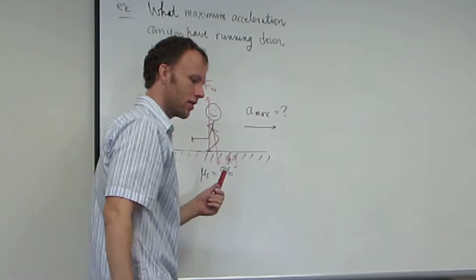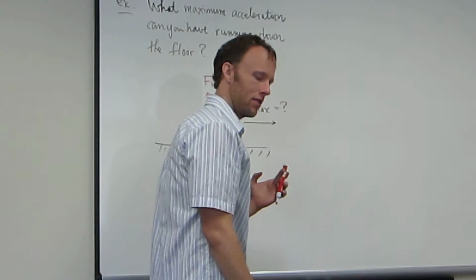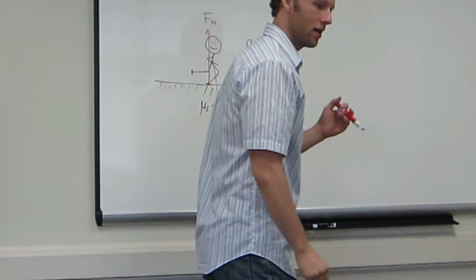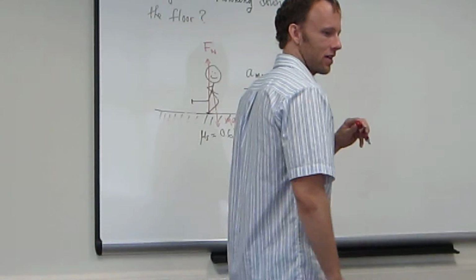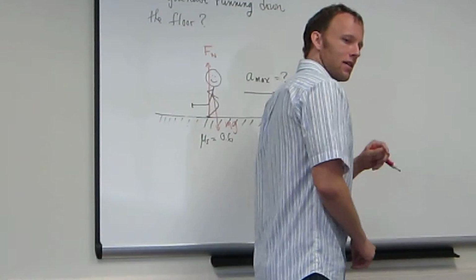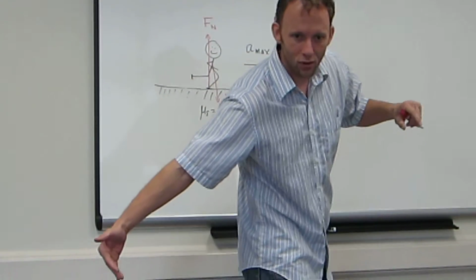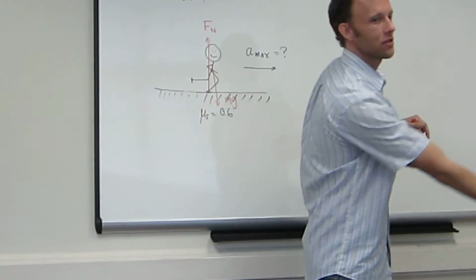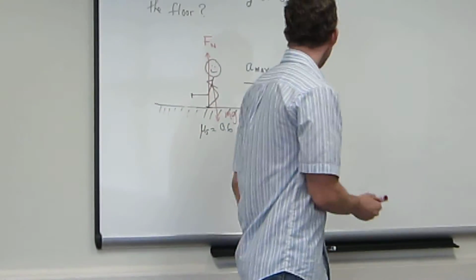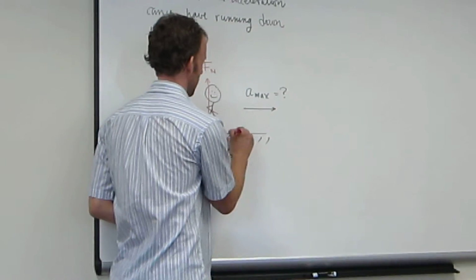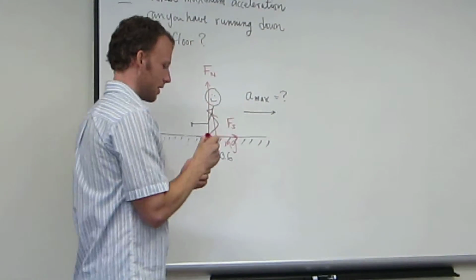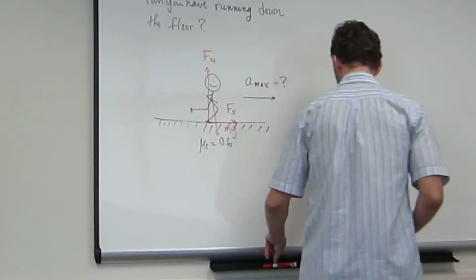And that's because when you're running, you plant your shoe on the floor, and to push yourself forward, you have to try to push your shoe backwards. And the act of pushing your shoe backwards will make the floor, via the static friction force, push your shoe forwards. So, you have a static friction force going in that direction.